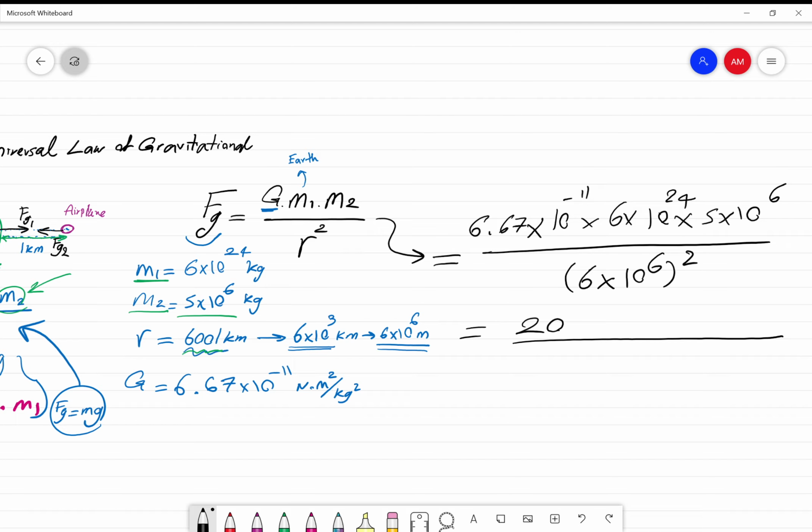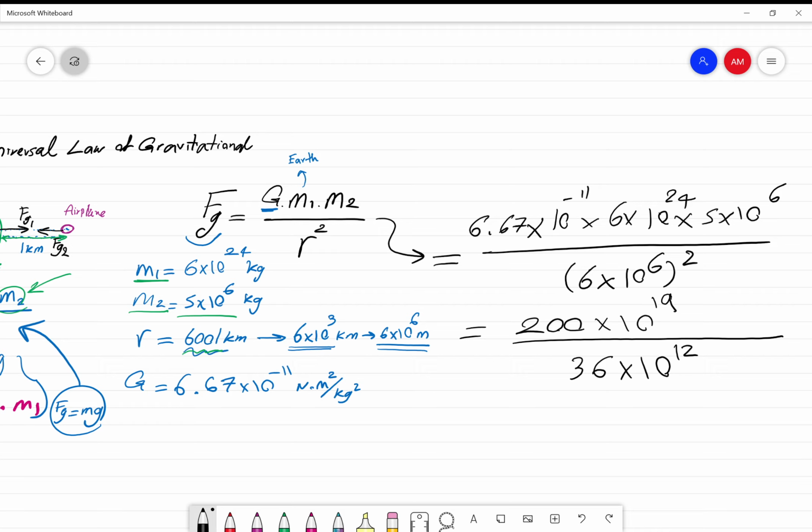So I'm just doing numbers. That's roughly 200. 10 to the power of negative 11 times 10 to the power of 24 and 10 to the power of 6 is equal to 30 minus 11, 19. So times 10 to the power of 19. What do we have in the bottom? We have 6 times 10 to the power of 6, to the power of 2, which is equal to 36 times 10 to the power of 12.